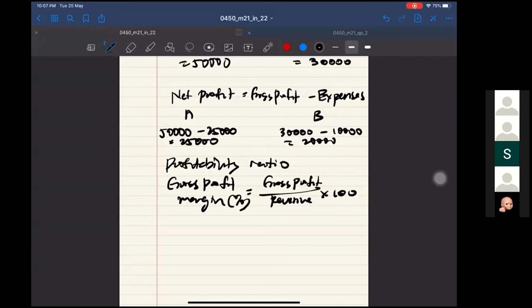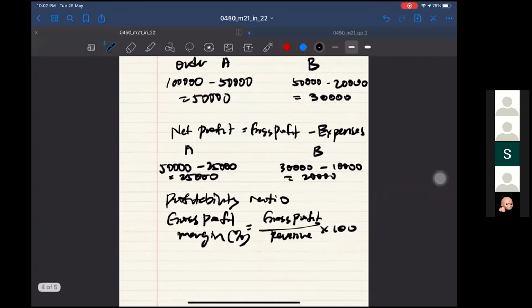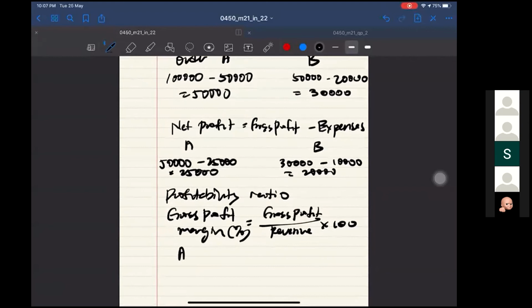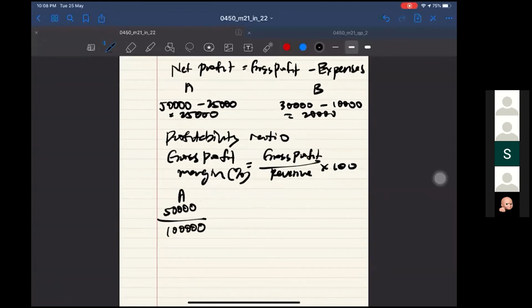So look at your order A. Your gross profit is 50,000, and your revenue is 100,000. Then you times 100. So your gross profit margin for order A is 50%, right?